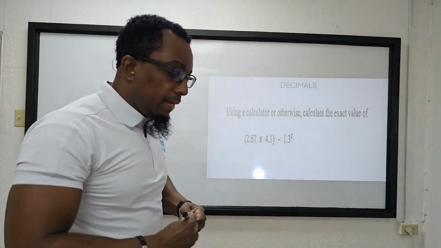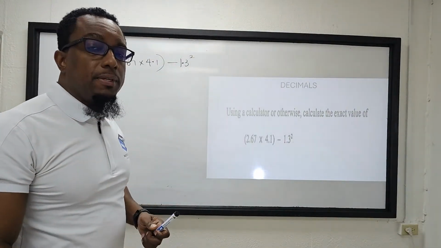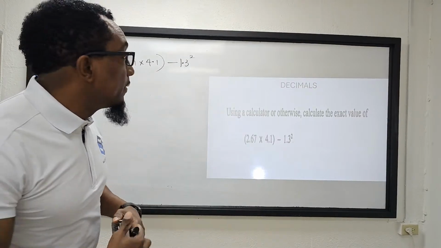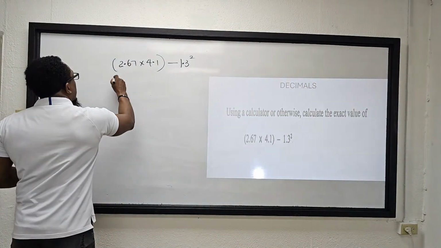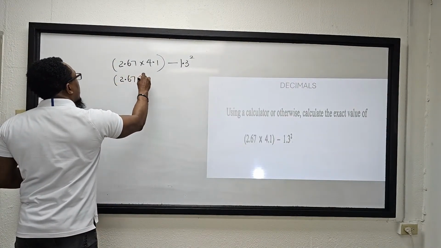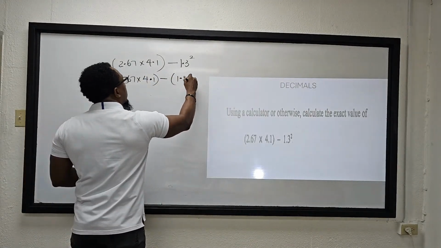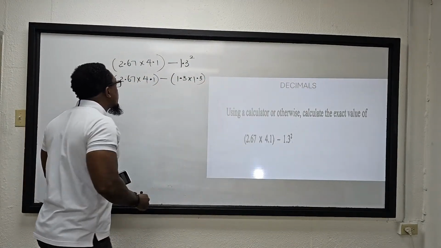So we can use our calculators, we can work what is in brackets first. We know 1.3 squared is the same as 1.3 times itself. So we want to rewrite this as 2.67 times 4.1 subtract 1.3 by 1.3.